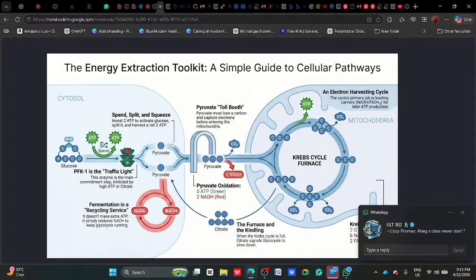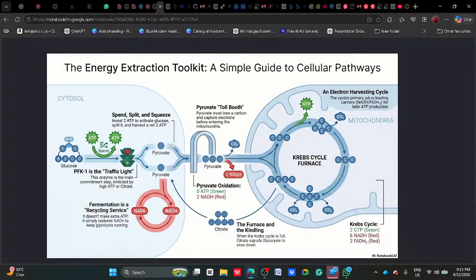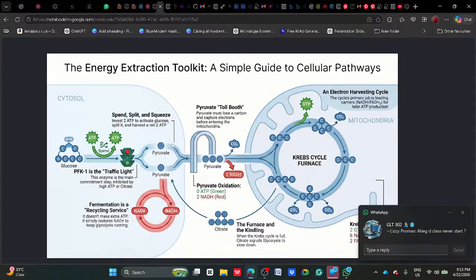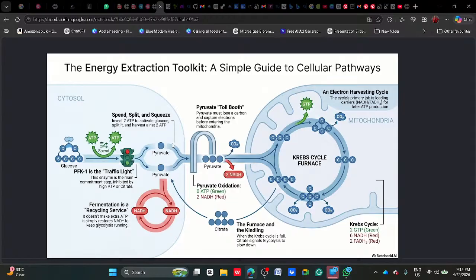Either it goes into fermentation, and if so, the electron acceptor is going to be an organic compound, such as ethanol. That one can be recycled back into glycolysis, and glycolysis will just pick up again.